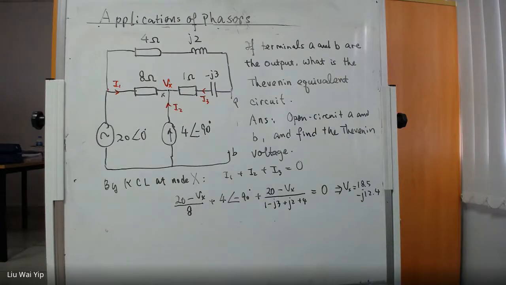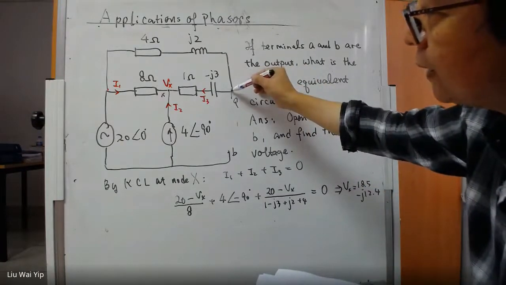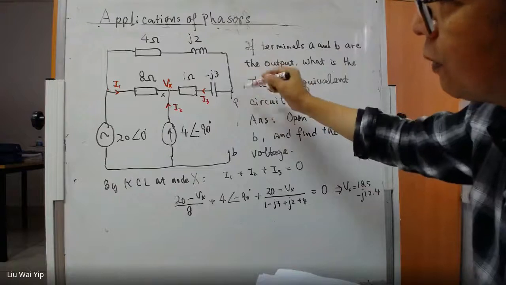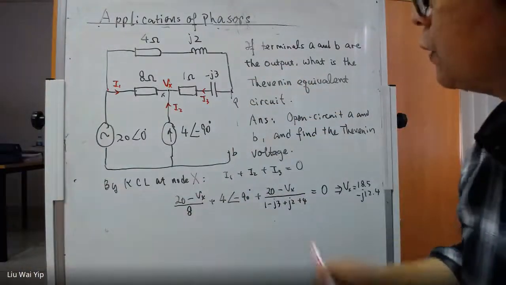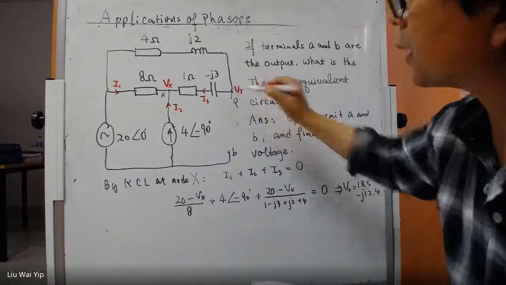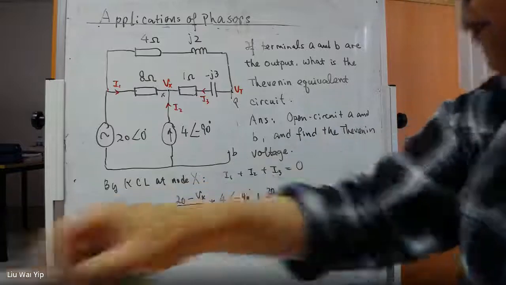But the answer is not Vx. Our objective is not to find Vx. Our objective is to find VA, the voltage at this point. The voltage at this point is VT, the Thevenin voltage. And how are we going to find it?